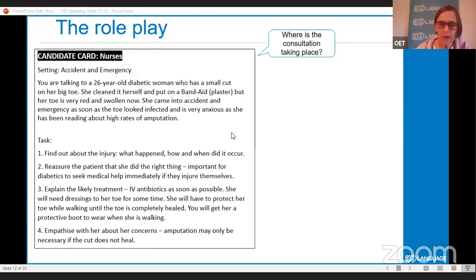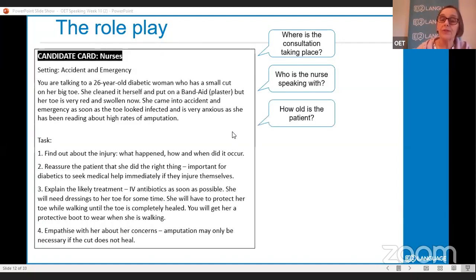Well, it just depends. So that's one of the things. Where is that happening? Who is the nurse speaking with? Who is your patient? Or are you speaking to a relative of a patient, if you've got a child, for example? How old is the patient? Okay, we can be less formal, but still not 'hey'.